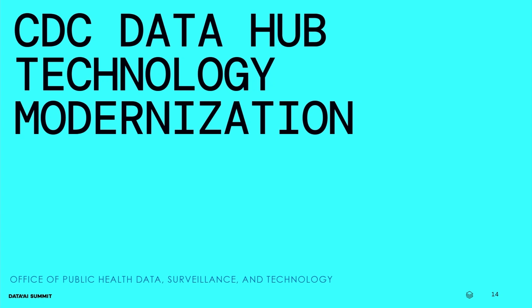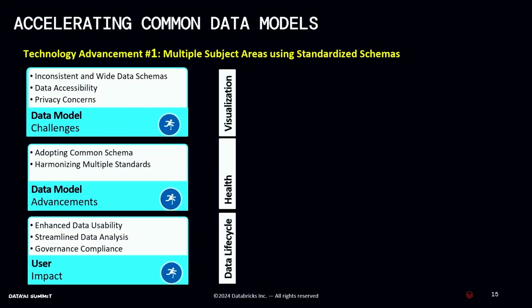So on to the technology stack, but I'm biased. This is still my favorite stuff. We will get into technology advancement number 1 now, which is our common data model.